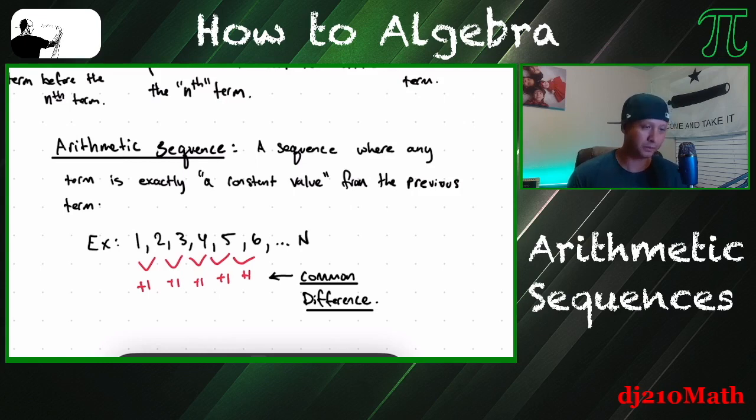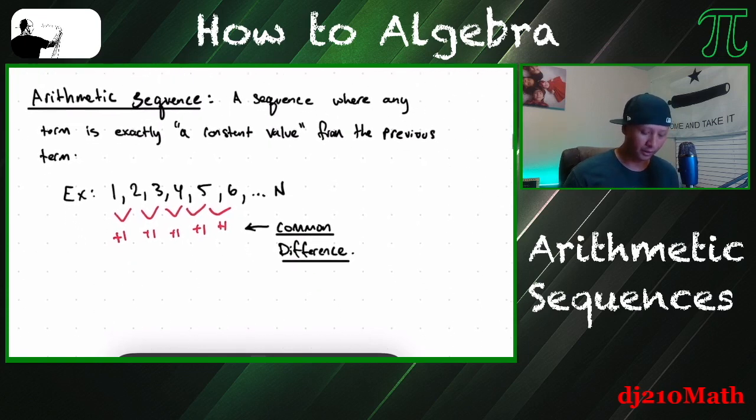It would just be a sequence. So an arithmetic sequence specifically has the common difference between every term. And that common difference is one value only, and it could be whatever the value is. The variable that we use for the common difference is a lowercase d. So it's denoted as d.